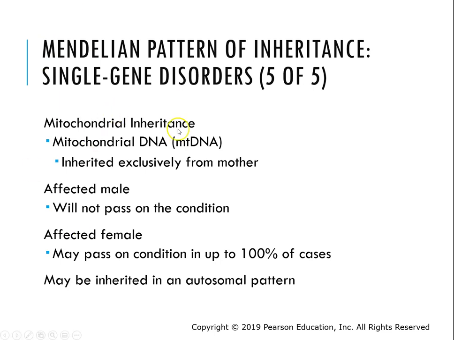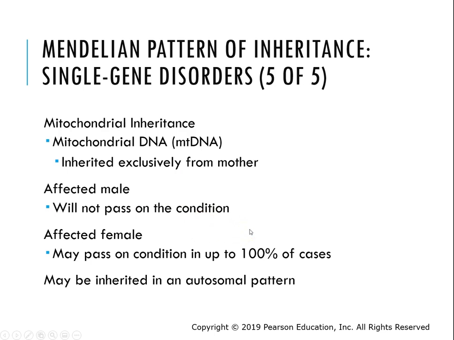I mentioned this also, that you can have disorders that are traced back to the mitochondrial DNA, okay? And these would be inherited exclusively from the mother. If you have an affected male, that male will not pass on the condition because it's part of that mitochondrial DNA. However, an affected female may pass that condition on in about 100% of the cases, okay? It says it may be inherited in an autosomal pattern, because it's not really X-linked, but it's unique, right?